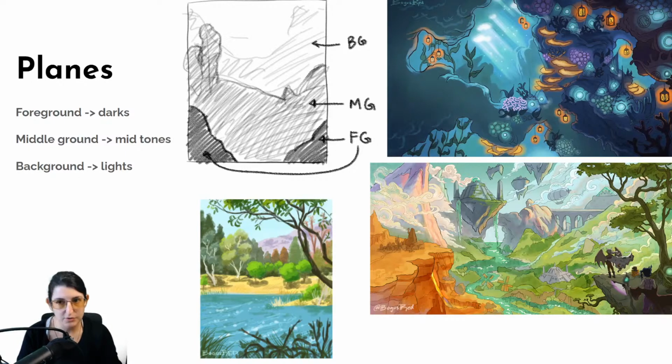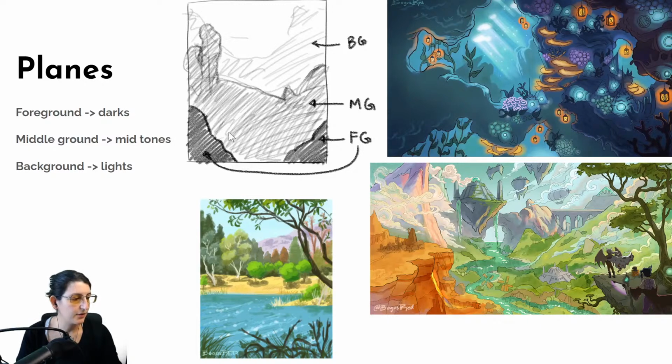You don't have to use 3 all the time. You can use less than that or more, but the more planes you have, the more sense of depth your art piece will have. So, foreground, middle ground, background. Typically, your focal point is probably going to be in the middle ground, but not necessarily. It depends on the piece that you're constructing.